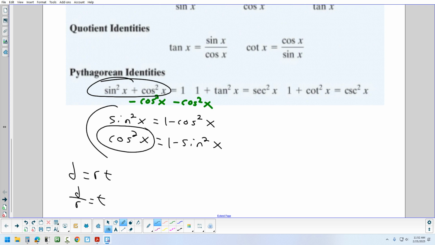So we can turn it into sine squared plus cosine squared equals 1. Yeah, that's the original one, but how about what is 1 minus sine squared equal to? Cosine squared. It's the first Pythagorean identity rearranged. So change the 1 minus sine squared to what it's equal to. Cosine squared.